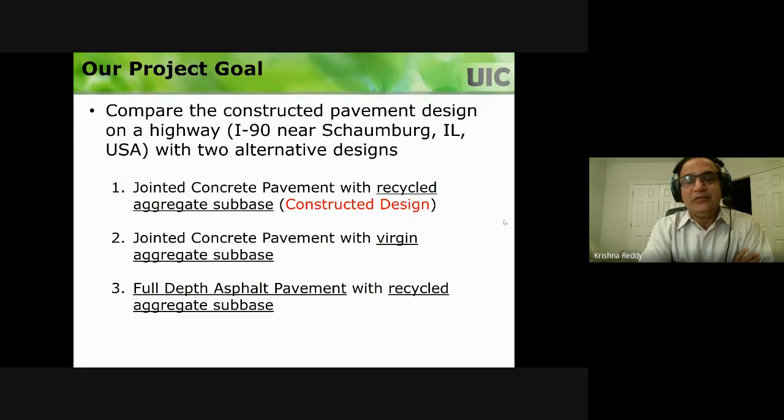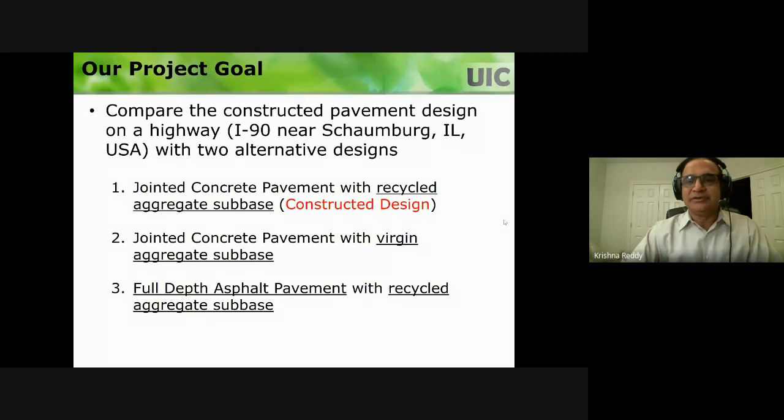So where are these recycled materials available, related to the project site? If you have them close to the site, then it becomes sustainable. But if you have to transport them, then the environmental emissions associated with the transportation are going to be so high that it's better off using virgin materials.